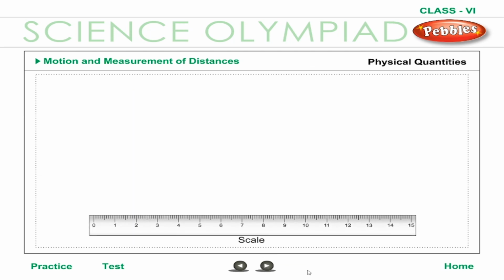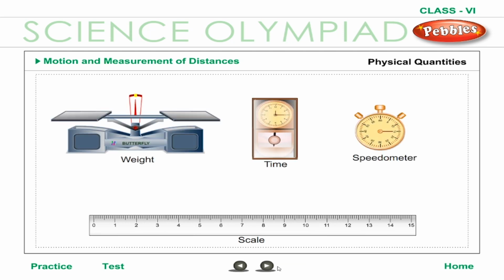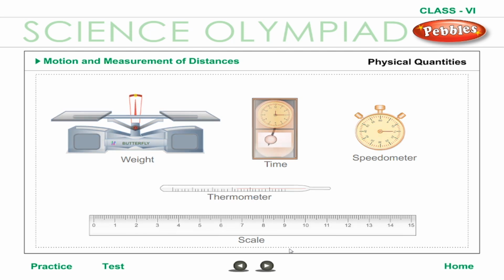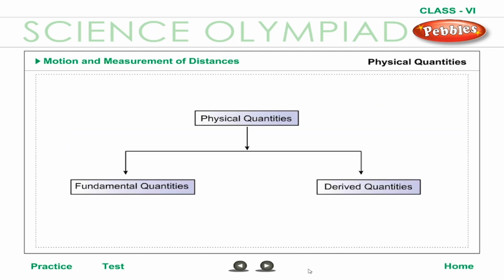Physical quantities. Length, mass, weight, time, speed, and temperature are some of the measurements used in day-to-day life. These are the quantities that can be measured and are called physical quantities. Physical quantities are broadly classified as fundamental quantities and derived quantities.